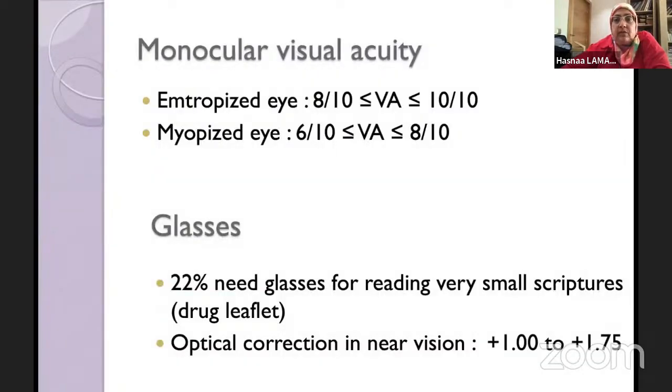The monocular visual acuity for the emmetropized eye is between 8/10 and 10/10, and in the myopized eye it was between 6/10 and 8/10. 22 patients need glasses for reading very small print, and the optical correction for near vision was +1 to +1.75.